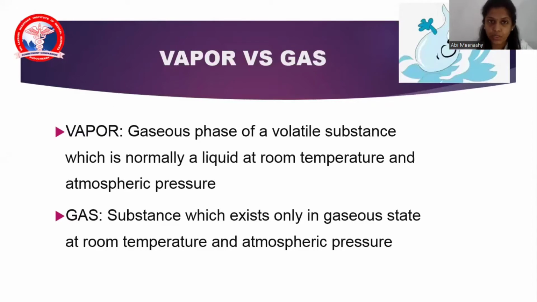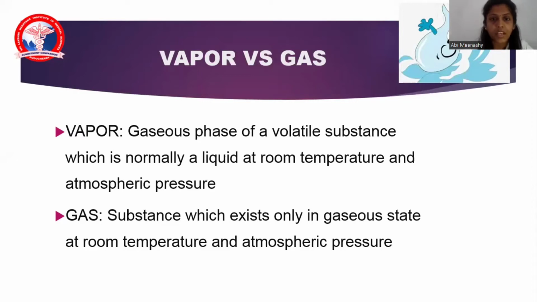Basically, you need to know the difference between vapor and gas first. As you know, these are actually synonymous, but there is a physical difference between them. Vapor is the gaseous phase of a volatile substance that is normally liquid at room temperature and at atmospheric pressure.